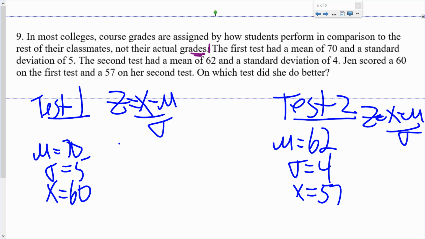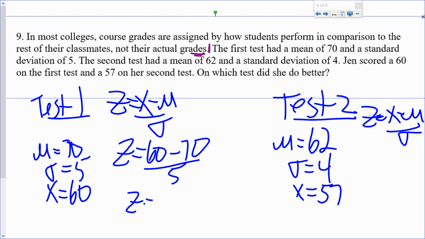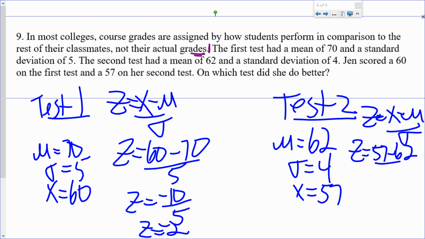Okay, so for test 1, she got a 60 minus the mean over the standard deviation is negative 10 over 5, is a negative 2. For test 2, she got 57 minus 62 over 4. She got negative 5 over 4. She got negative 1.25.